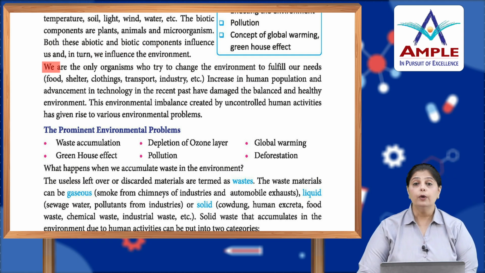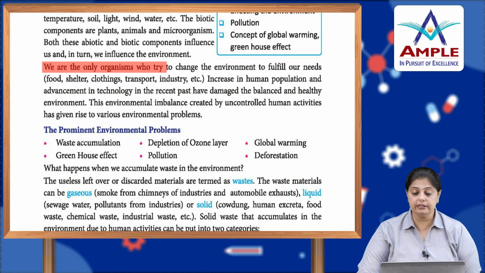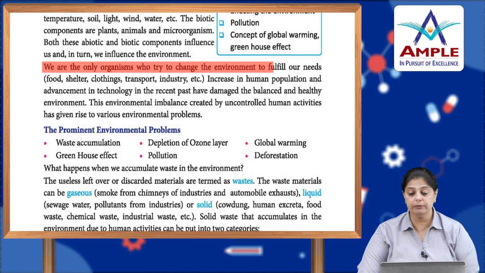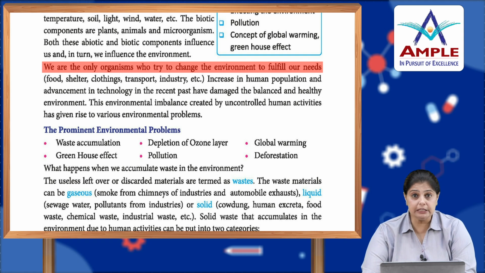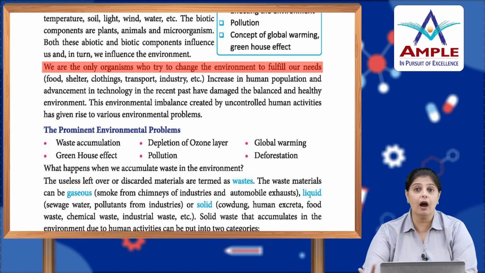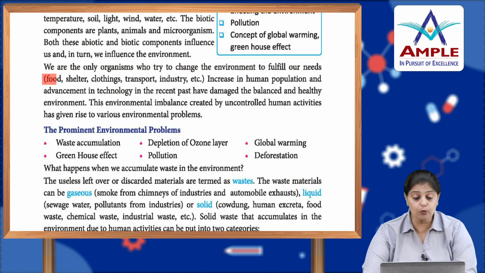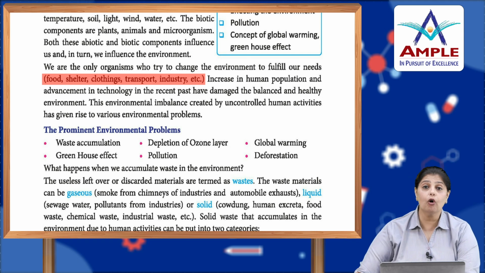We are the only organisms who try to change the environment to fulfill our needs, utilizing things around us. So what are our needs? Food, shelter, clothing, transport, industry, etc. These are all our needs.